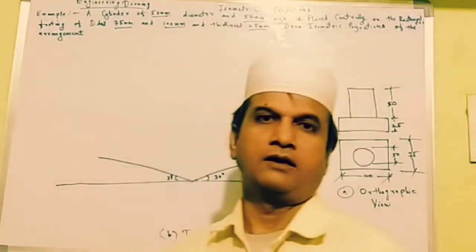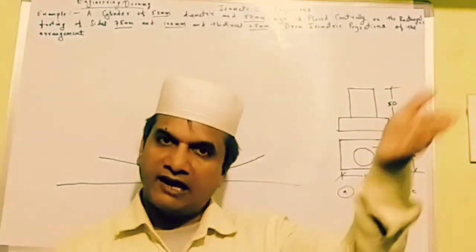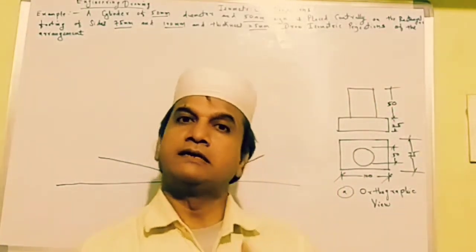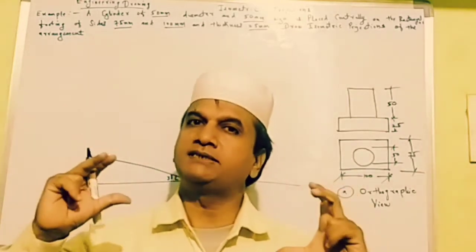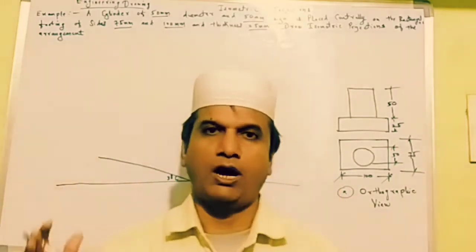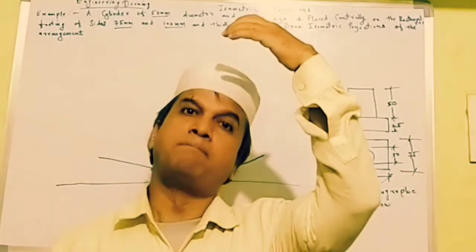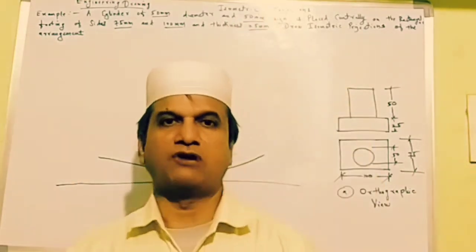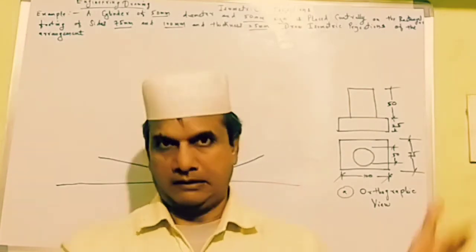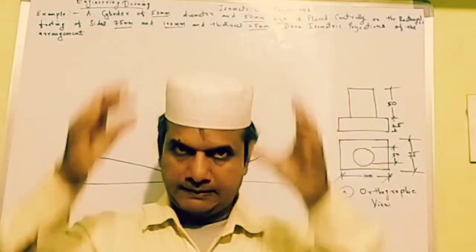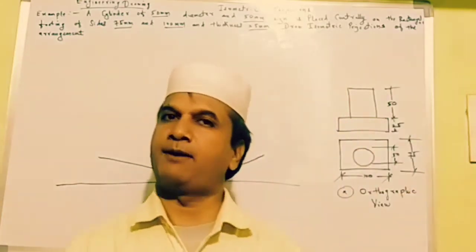But the footing left side is 75, the right side is 100 mm, and the depth is 25 mm. First of all we have to draw the footing. On that footing we have to place the cylinder. The cylinder diameter and height are both 50 mm.